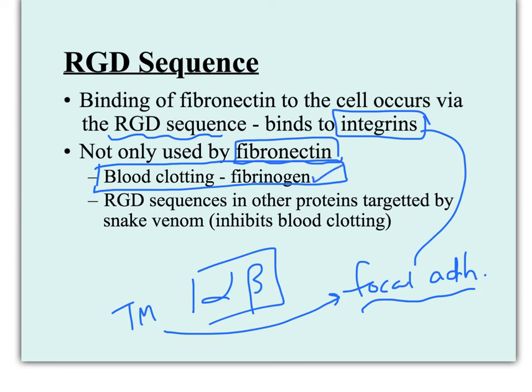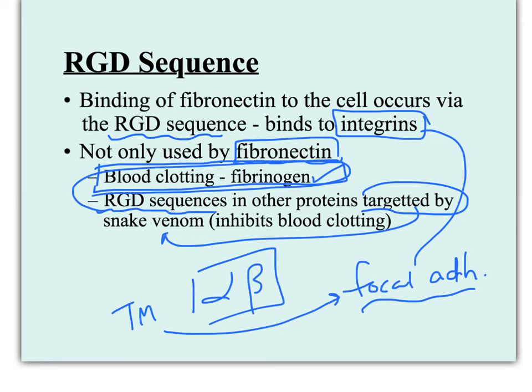Fibrinogen is what we call a pre-protein, and fibrinogen gets proteolytically cleaved into fibrin molecules, and RGD sequences can actually be targeted by snake venom. Snake venom blocks RGD sequences from causing blood clotting in the process of fibrinogen, right?